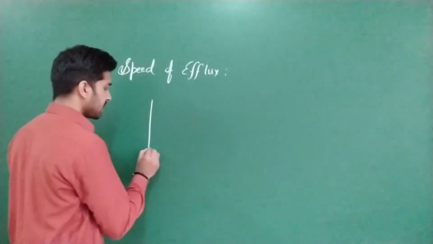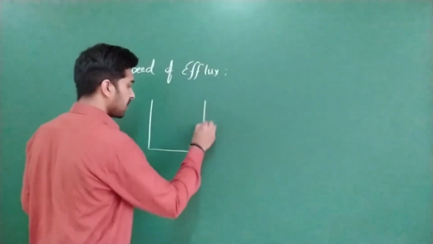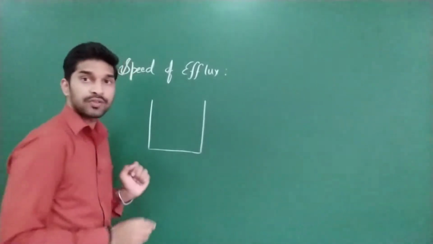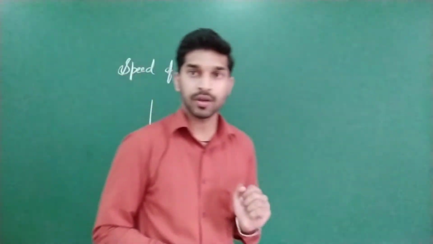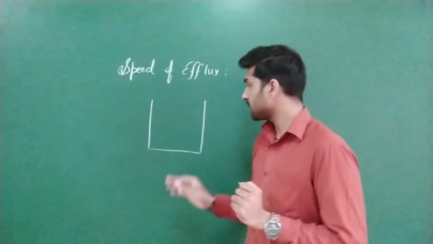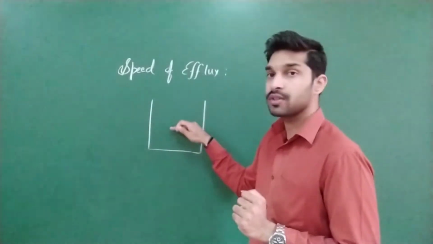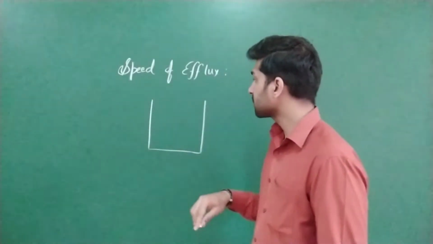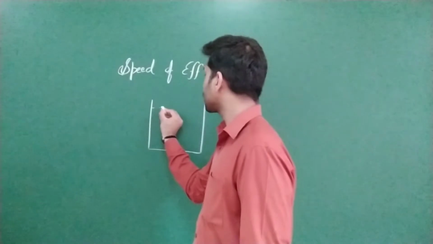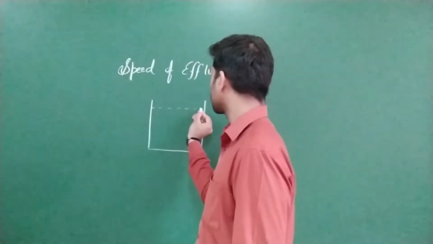So imagine that here we are having a tank which is filled with what? Liquid. Okay, we are having a tank. In this tank it is filled completely with liquid. And let us suppose until this point liquid is present.